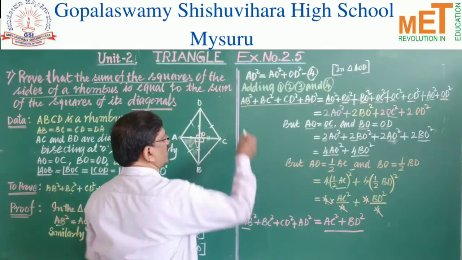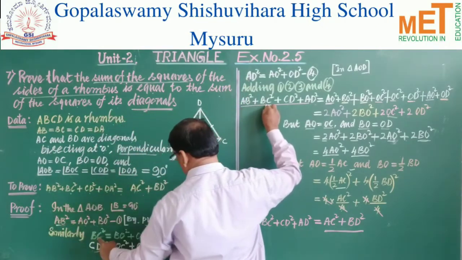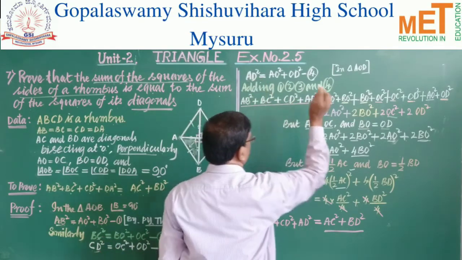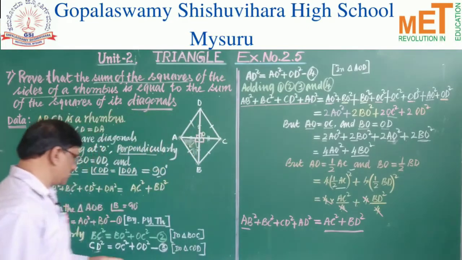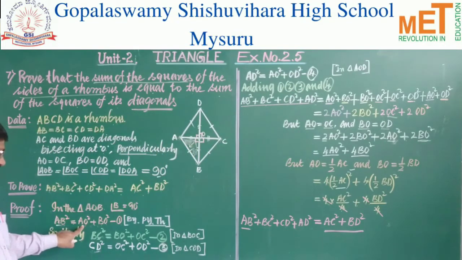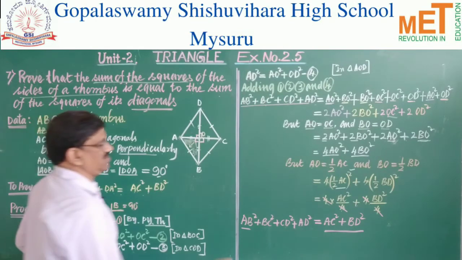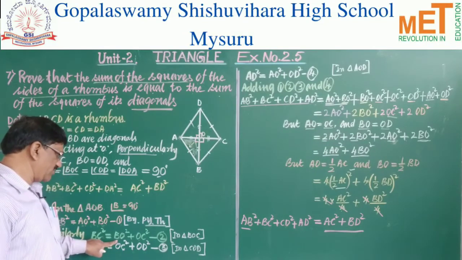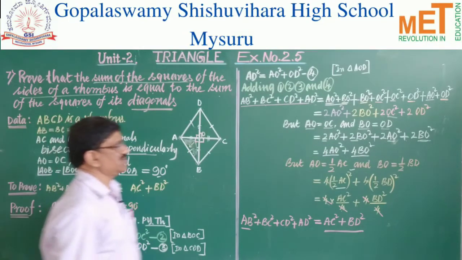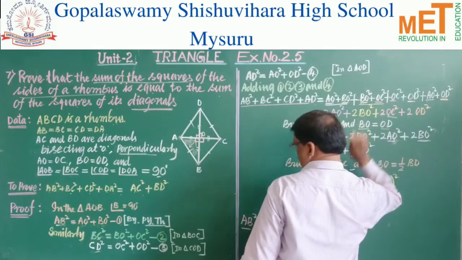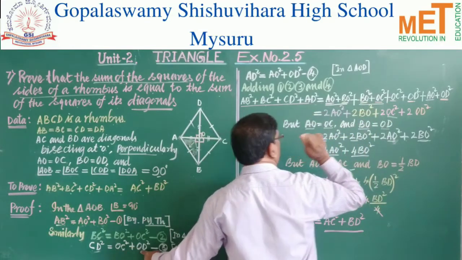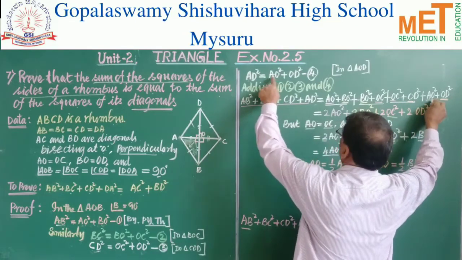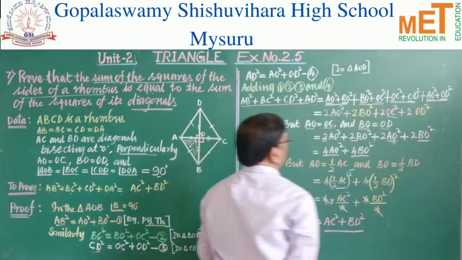I have added AB square plus BC square plus CD square plus AD square is equal to, on the right hand side we shall take AO square plus BO square. Next, second equation BO square plus OC square, then OC square plus OD square, and finally AO square plus OD square.